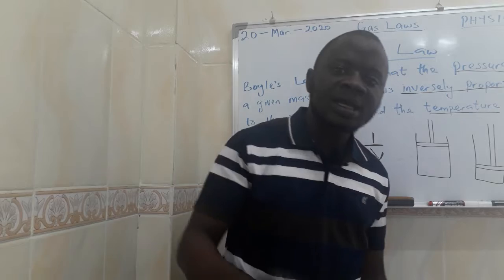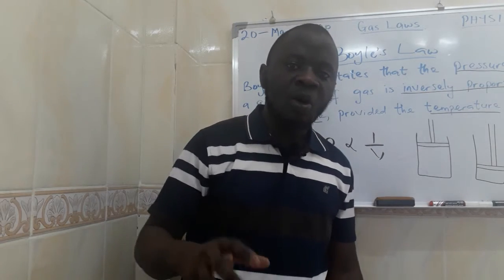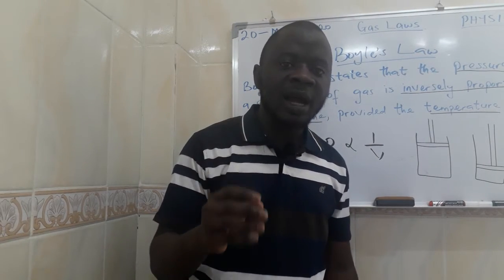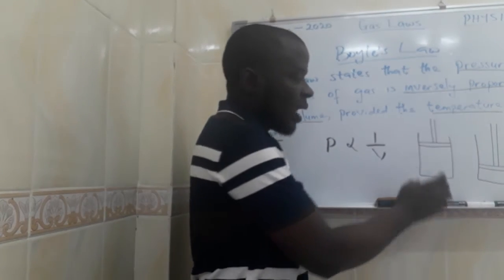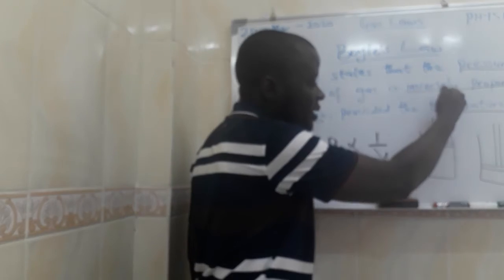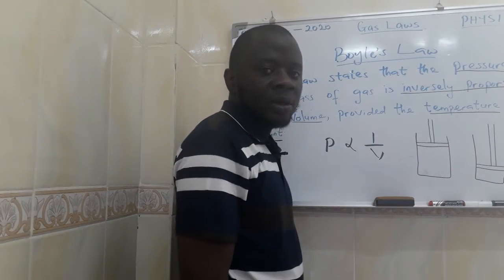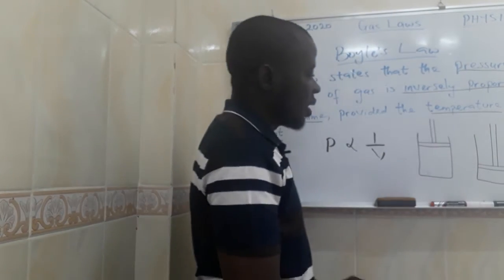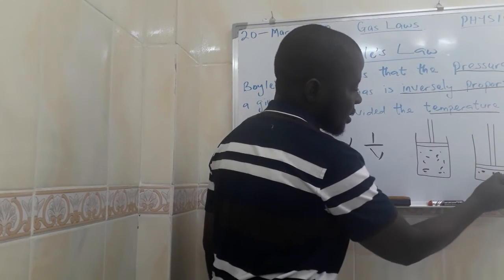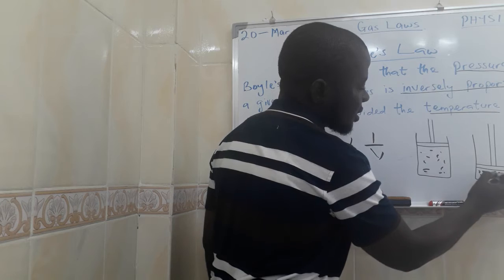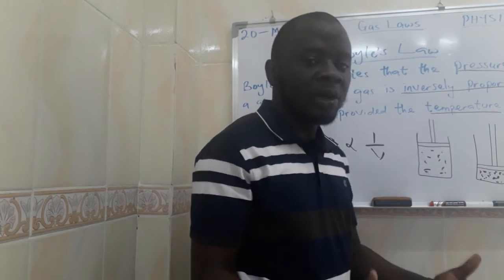Remember that one of the characteristics of a gas is that we can compress it. That's why it is easy for us to do this. I have gas here, I can compress it and push down the piston to change it to this one. So the amount of gas inside this place will now be compressed to this. Now I've changed the pressure, and I've changed the volume of the gas.